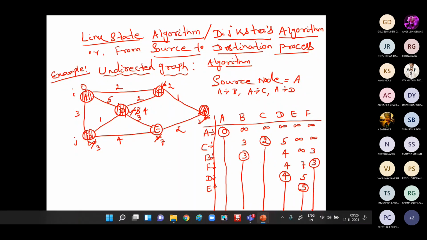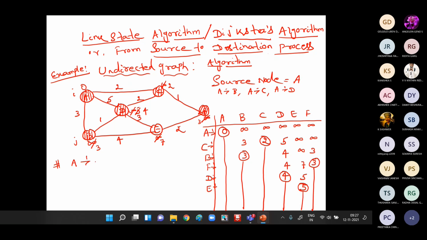Suppose, guys, in this point one question will be asked: calculate the shortest path from any given node. Okay, A to E or A to B or A to C, D, E, F, any point will be given to you. Suppose for example we take that after finding this, calculate the shortest path and shortest distance from A to E. A to E cost is how much, guys?